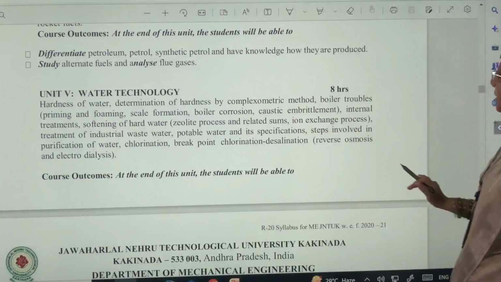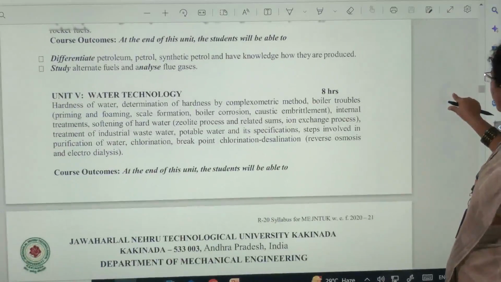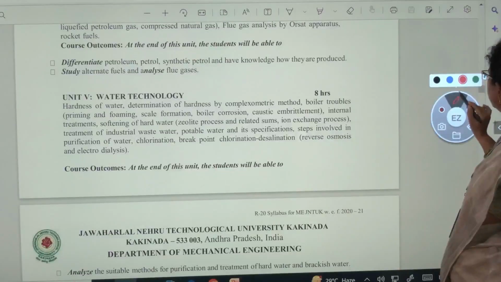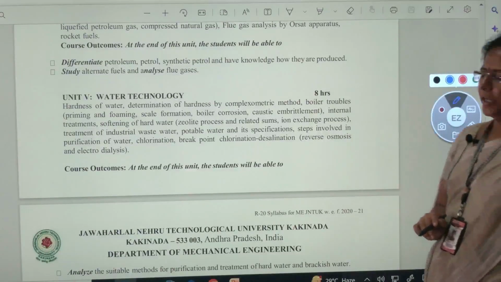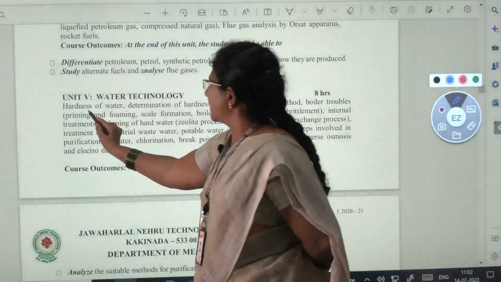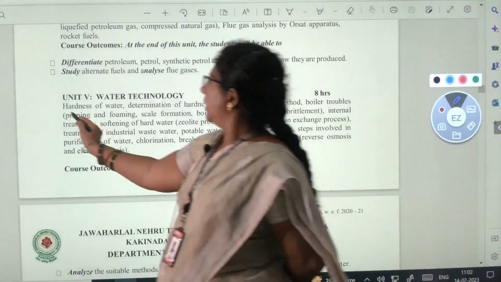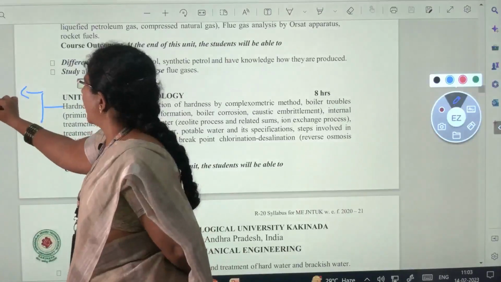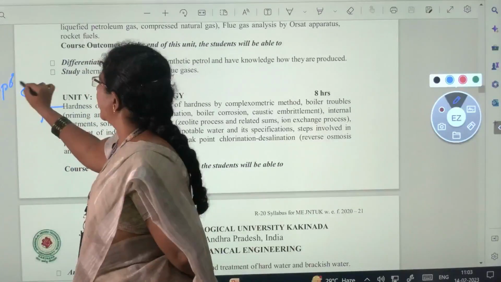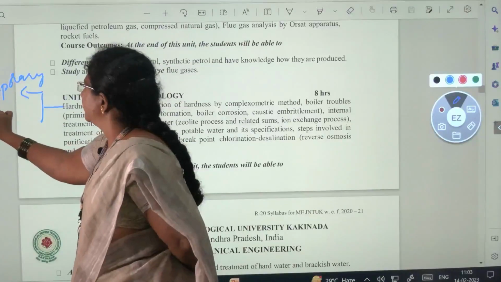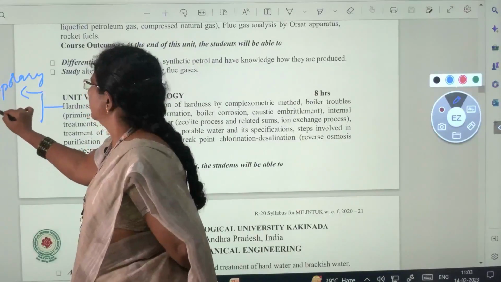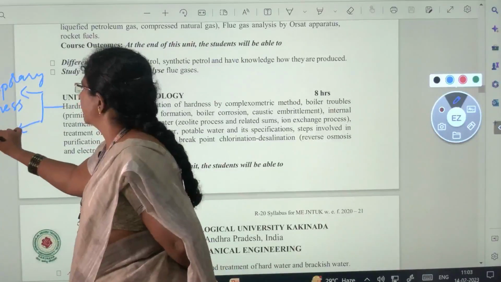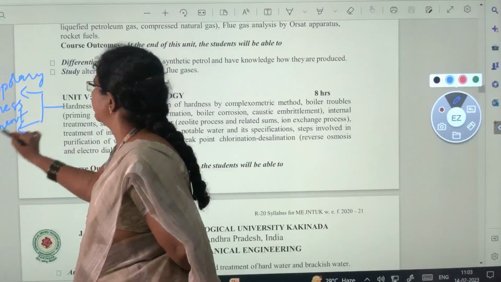And the last unit of this engineering chemistry course is water technology. In water technology, we have to discuss hardness of water. In hardness of water, we will discuss types of hardness, that means temporary hardness and permanent hardness.